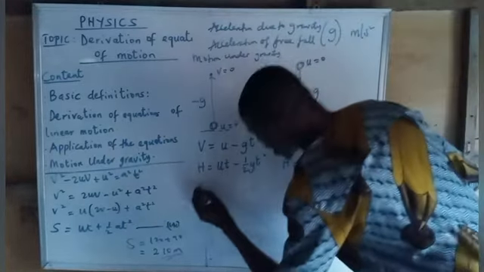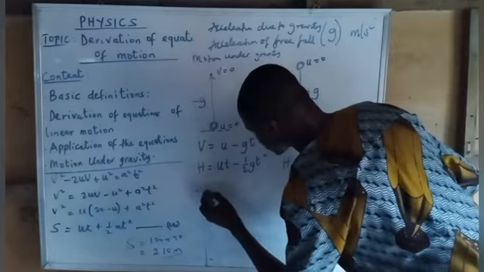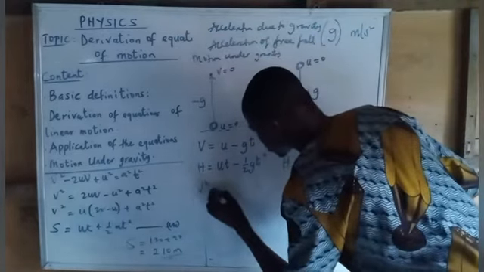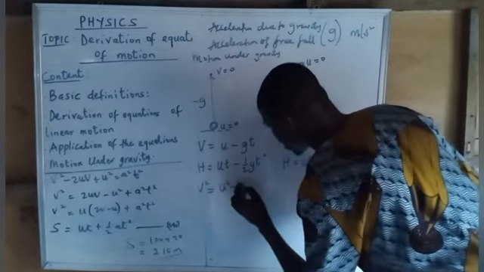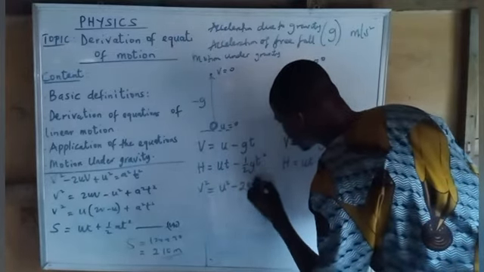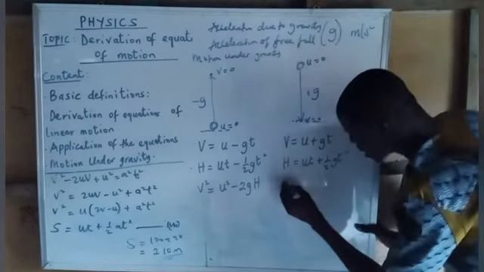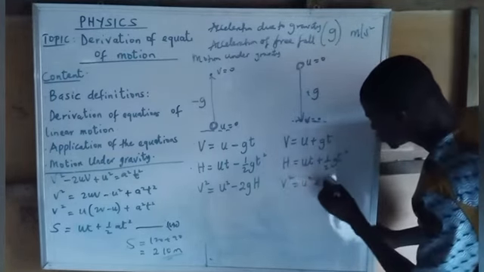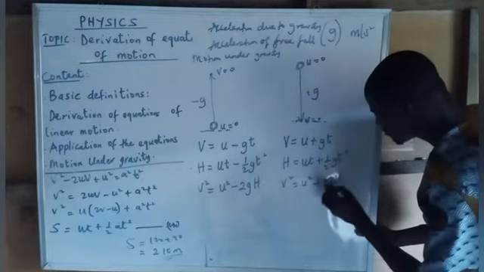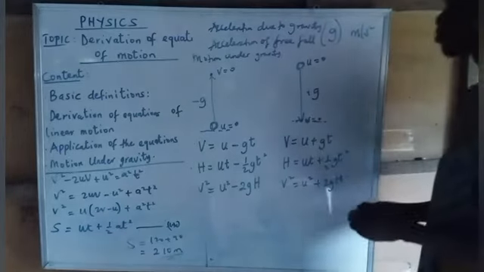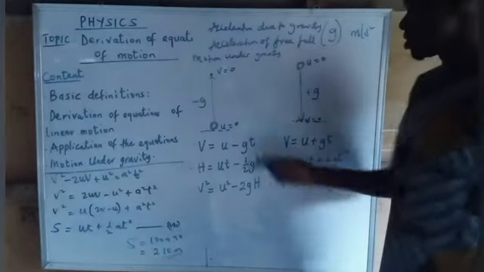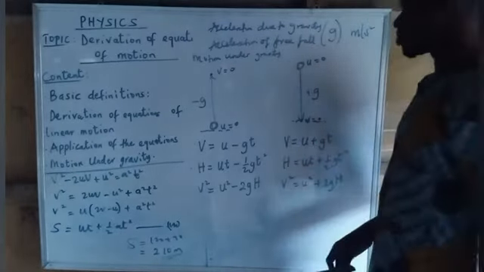Then for the third one, I have v squared = u squared - 2gh, and here I also have v squared = u squared + 2gh. So whichever one you use depends on how the body is moving.